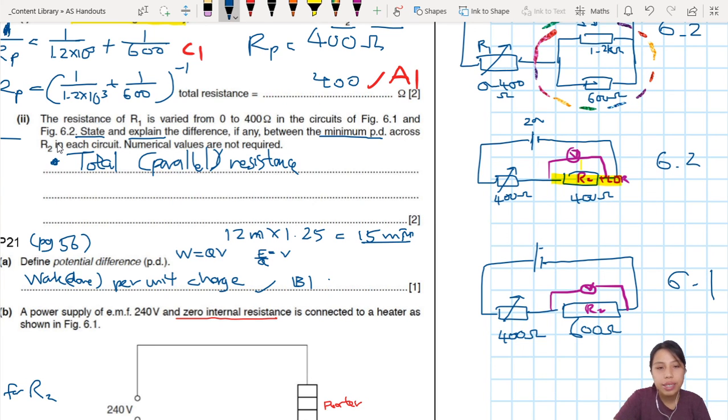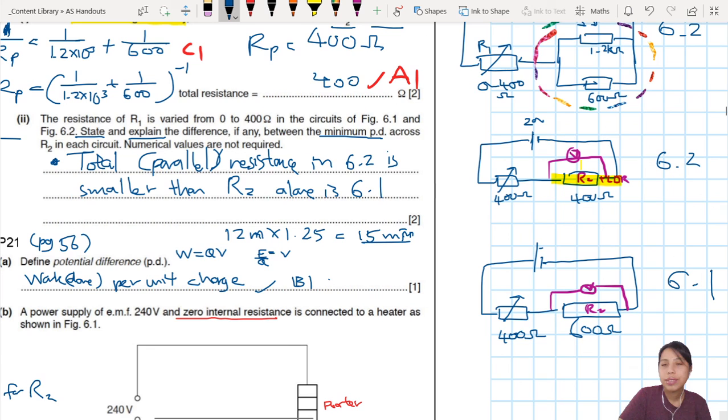The total parallel resistance in 6.2 is 400, here 600. So how does it change? You want to say the total parallel resistance in 6.2 is smaller than R2 alone in 6.1. Take some time to think about that statement first.